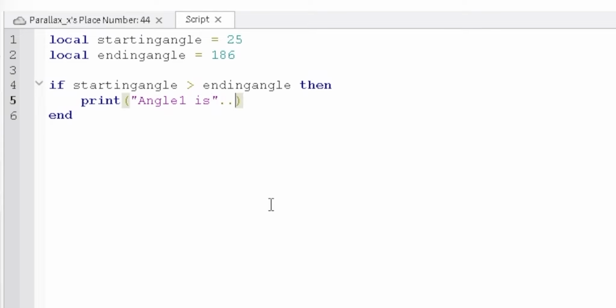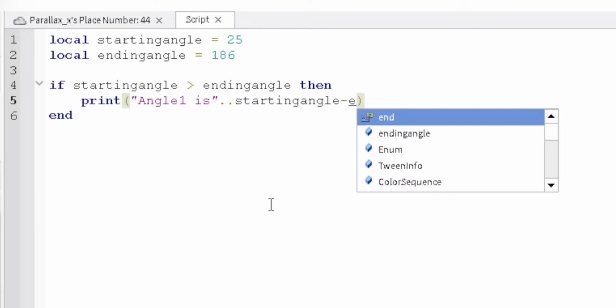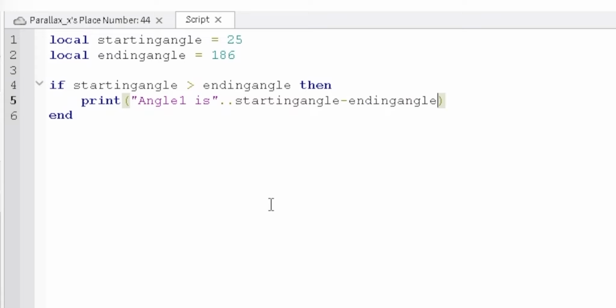starting angle minus ending angle degrees counterclockwise, I think.